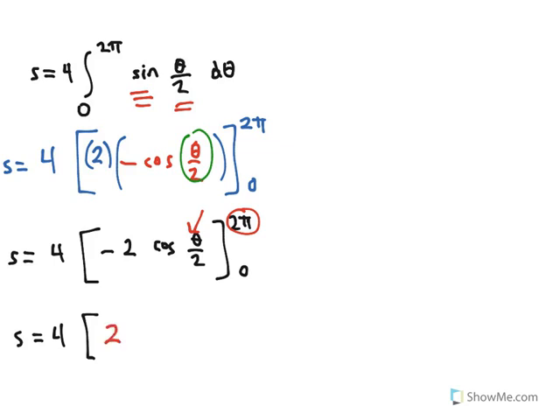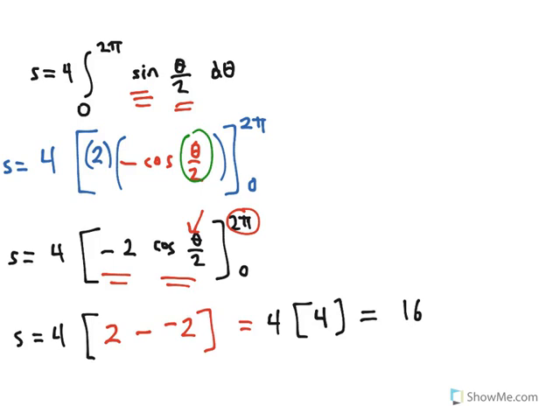Negative 2 times negative 1 is positive 2, minus, when you substitute 0 for theta, 0 divided by 2 is 0. Cosine of 0 is 1. Negative 2 times 1 is negative 2, so you have minus negative 2. So that's equal to 4 times 2 minus negative 2, which is 4. 4 times 4 is 16.